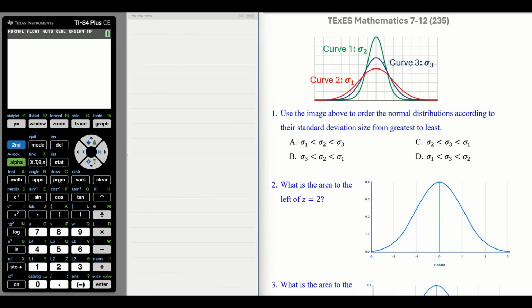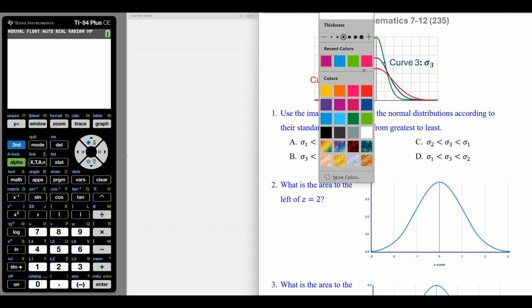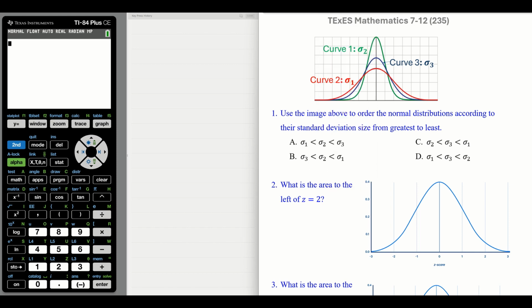Number 1. Use the image above to order the normal distributions according to their standard deviation size from greatest to least. This isn't meant to be a difficult question, just to measure what your knowledge is, if you have any idea what it is. So let's look at the green colored curve 1.